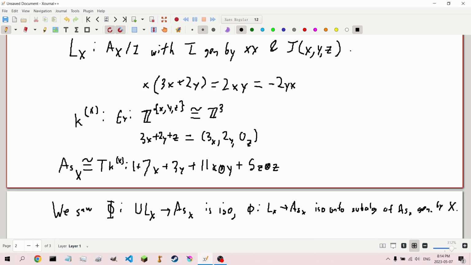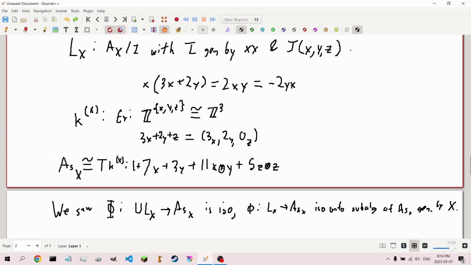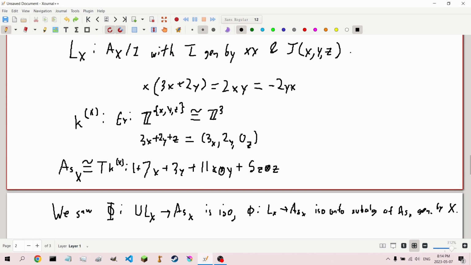I'd like to be a bit more clear on maybe the difference between, an open question. I guess I'll write it. I just want to know exactly what the comparison between Lx and the associative algebra, free associative algebra of x is.